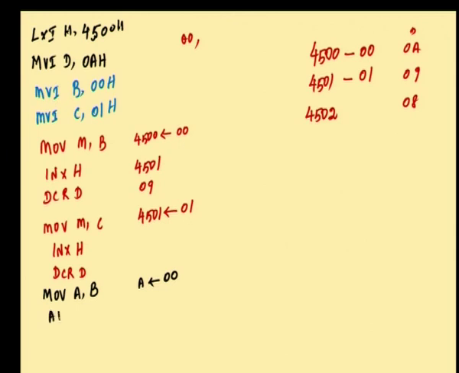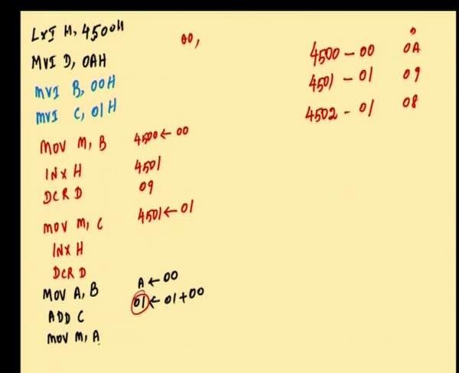So, add C. Add C means the 01 is added with 00, now the accumulator value is 01, the third value which is in the accumulator. Now, I want to store the data into the memory. So, move M comma A. By using this, the current location is 4502. So, now the sum value 01 will be loaded here.